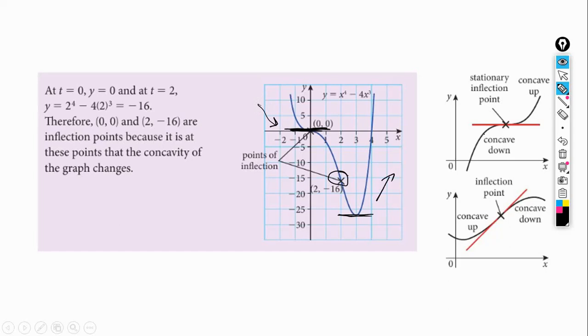That we knew already. Then we did the concavity tests for values before 0, and we got positive. Notice that it's concave upwards. After 0, it's concave downwards. But then after 2, the concavity changes. So here, the concavity is downwards, but then after that, it changes to upwards, as we tested with x equals 3.